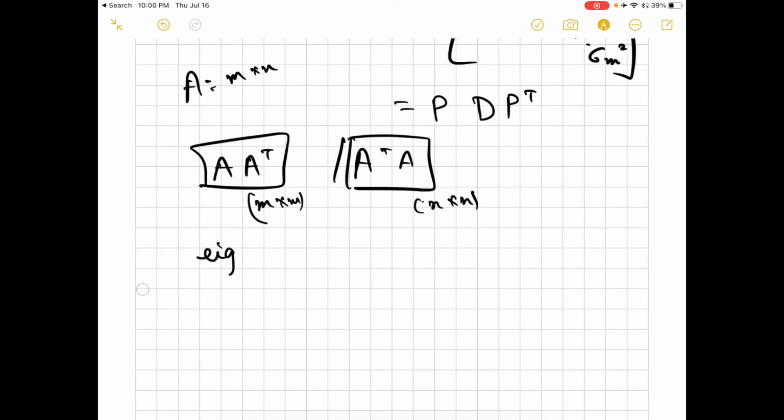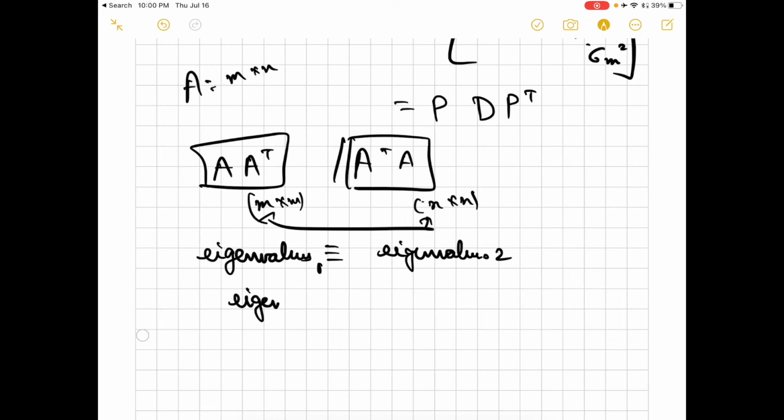Also, their eigenvalues are going to be the same. So eigenvalues in case 1 would be the same as eigenvalues in case 2. Now, since their dimensions are inherently different, their eigenvectors need not necessarily be equal.